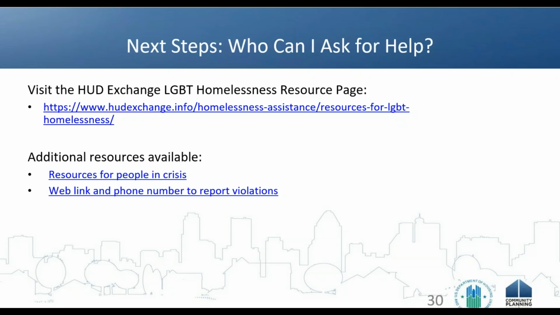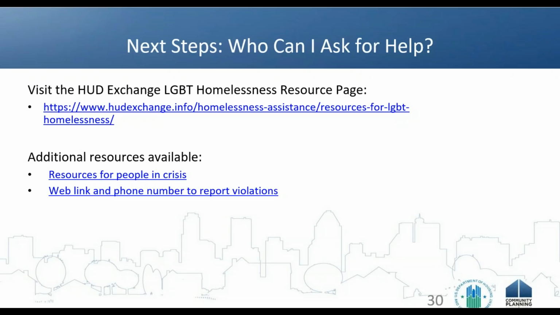And Abby, as you look at where to file a complaint, could you talk a little bit about what happens when somebody files a complaint on the gender identity co-access rule? Sure. So there are a couple ways that you can file a complaint.